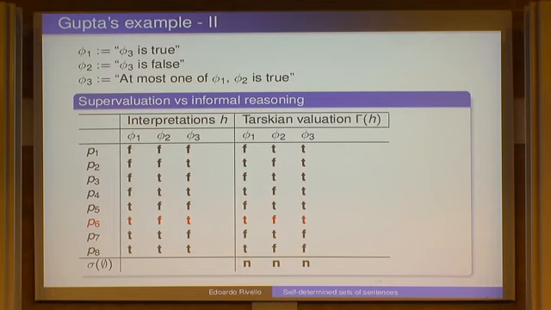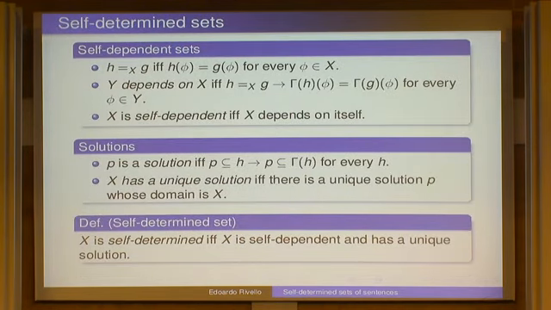So these are the 2 features of this sentence which make Gupta's informal argument possible. And so I try to capture, to formalize these 2 features in the notion of a self-determined set of sentences.